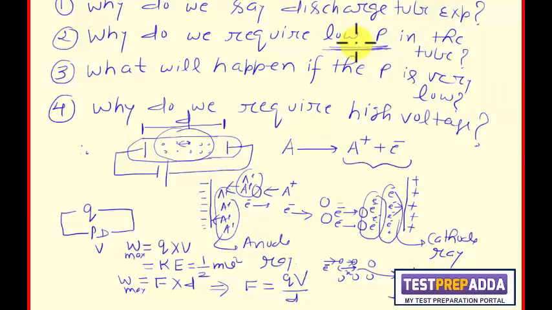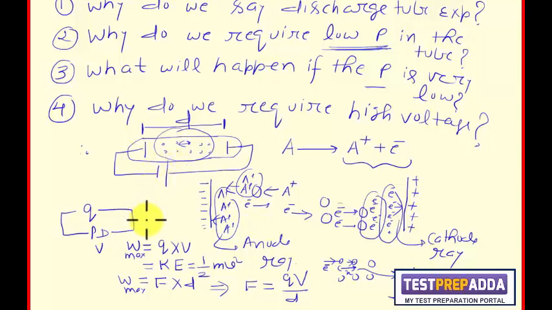Now, if we decrease pressure to a very low value, as you know, pressure inside the tube means the number of gaseous atoms. More pressure means more atoms. Less pressure means fewer atoms.